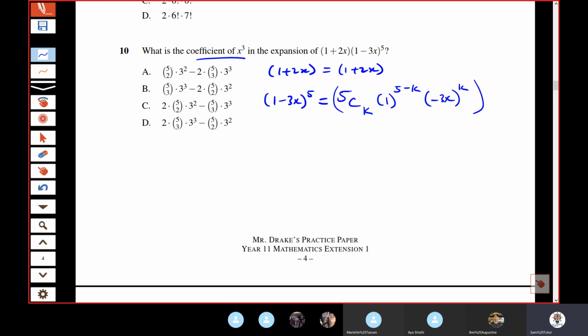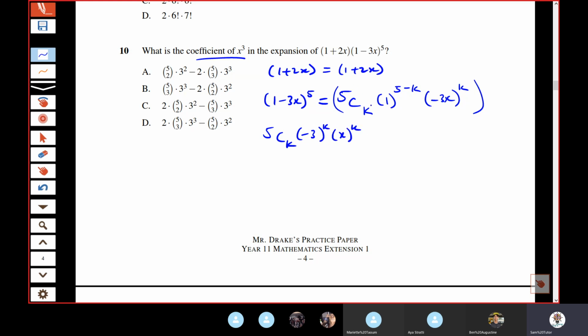Well, you'll get x cubed by 1 multiplied by this and this multiplied by this. So 1 multiplied by this. 1 to the power of anything is 1, so ignore it. And then that gives me negative 3 to the power of k, and then x to the power of k.